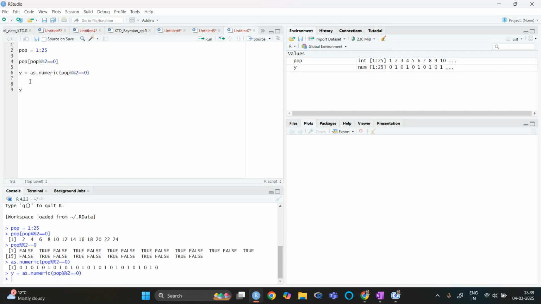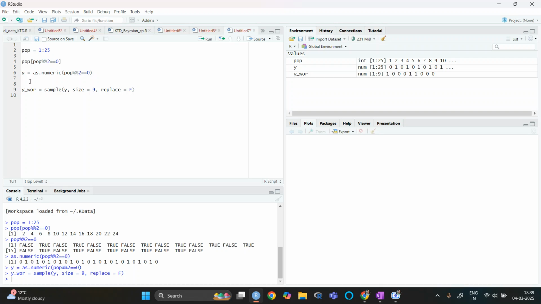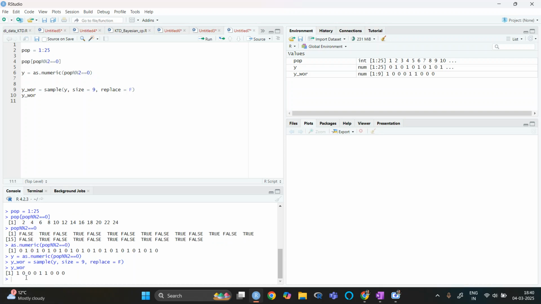So I'm writing y wor when I'm taking samples from y, the size is equal to, let's say, 9, then replace equal to false. So that is ywor. So it is 1 0 0 0 1 1 and then 0 0 0.